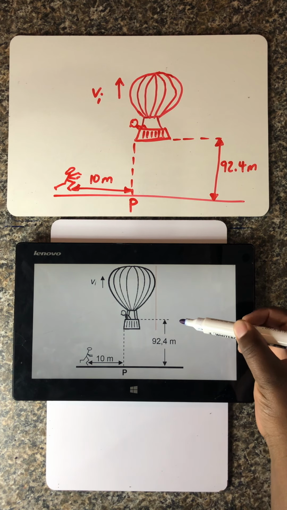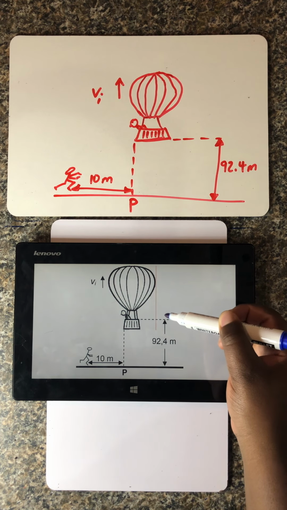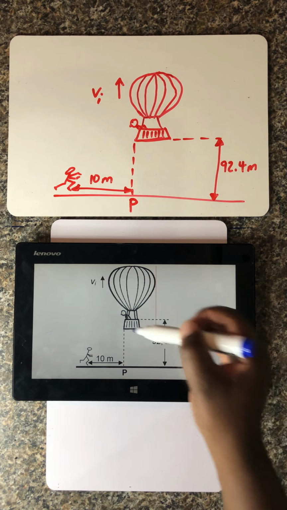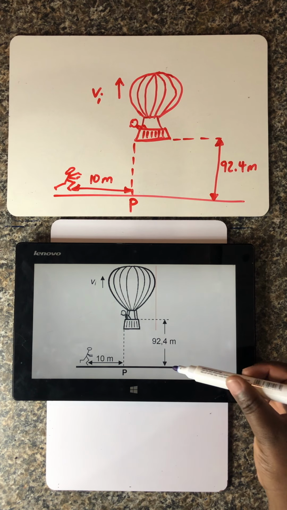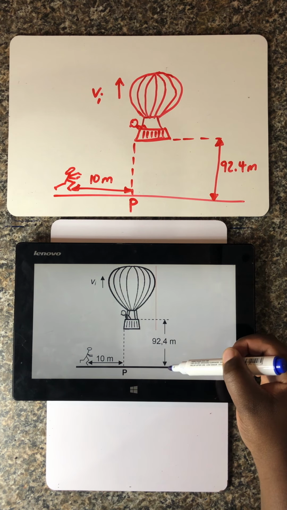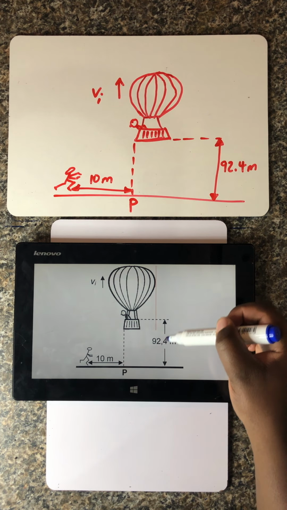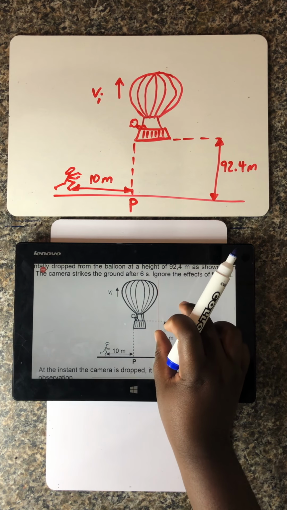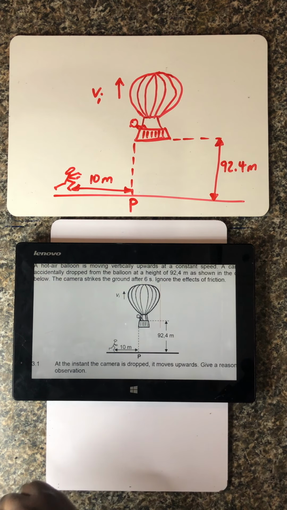So a camera is accidentally dropped by this guy at a height of 92.4 meters. That means after this balloon has moved vertically upwards and reached that height of 92.4 meters, our friend there accidentally dropped a camera. So ladies and gentlemen, they said that camera strikes the ground after 6 seconds.